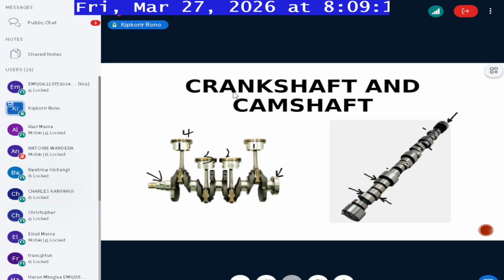Now, the other thing that I want to mention is, by the way, for the camshaft, you can also determine the firing order based on the orientation of the intake and exhaust valves. So if you can get a camshaft, for those of you in the industry, I'm just challenging you to go and get a camshaft.